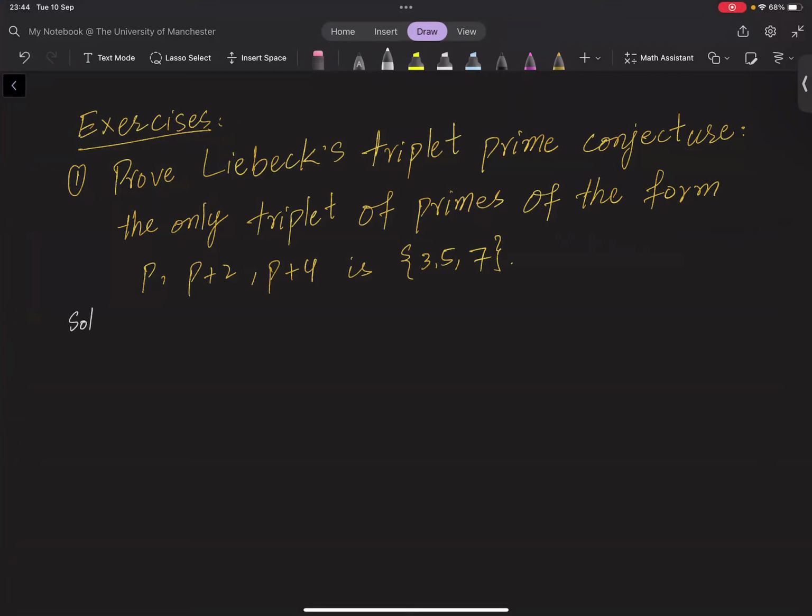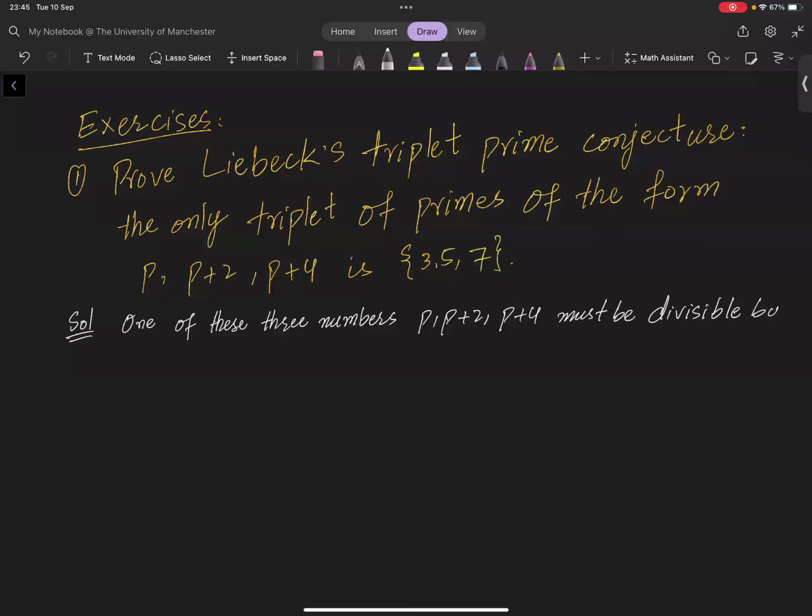And it is simple. We say that one of these three numbers p, p plus 2, p plus 4 must be divisible by 3. Since they are all primes, one of them must therefore be equal to 3.